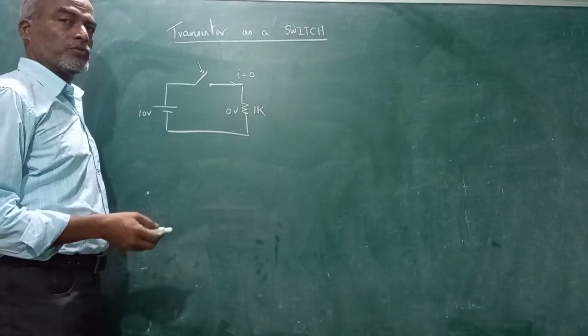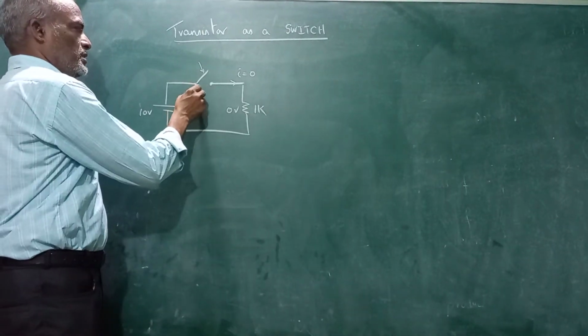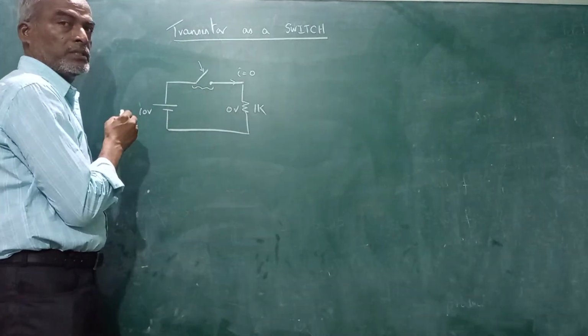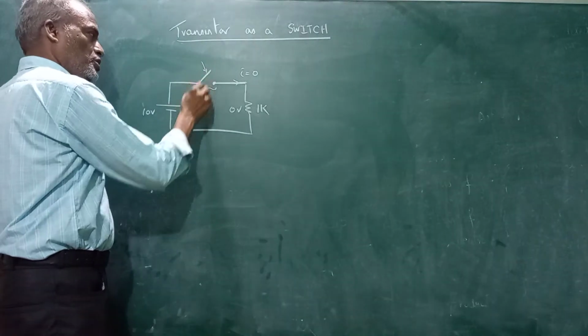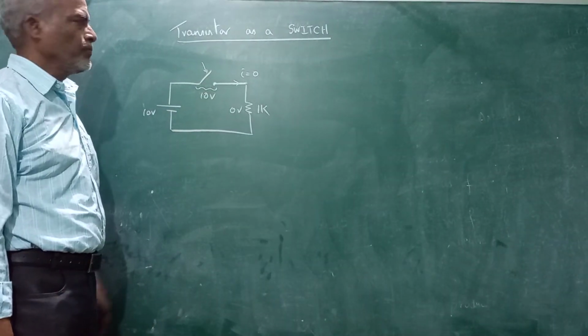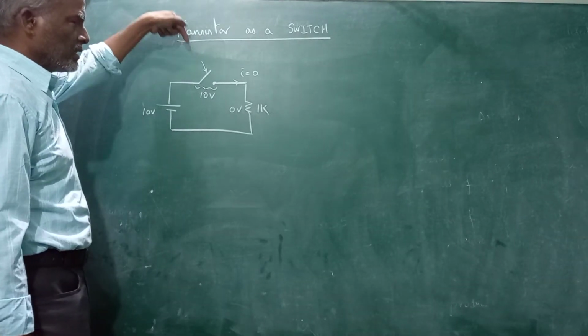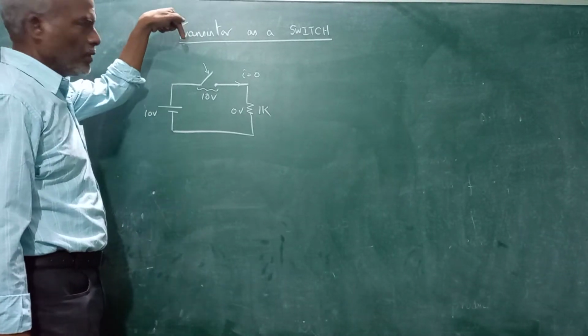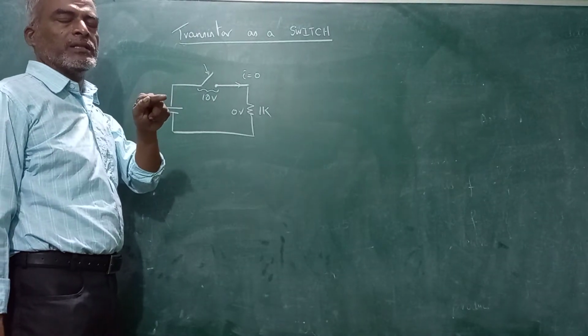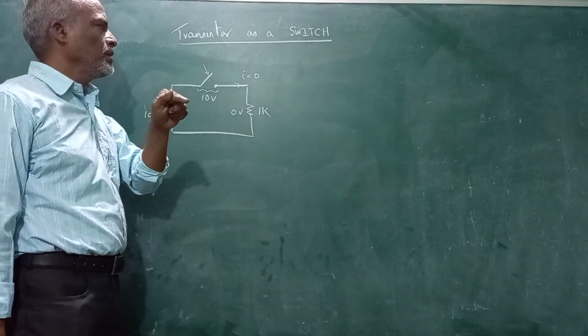According to Kirchhoff's voltage law, this drop plus this drop should give you 10 volts. Therefore, when the switch is open, the voltage across the switch is 10 volts. The closing or opening is done by our fingers, that means this is the control signal.